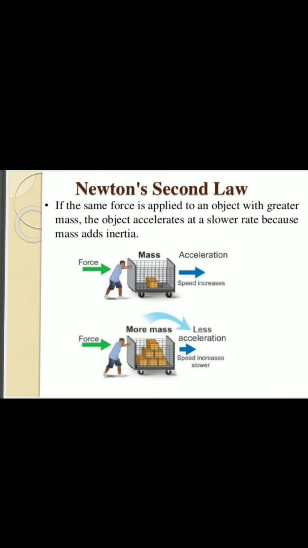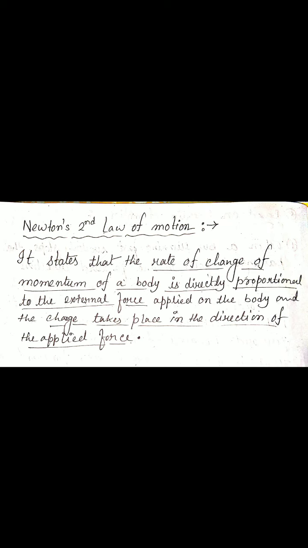Okay, so now let's state Newton's second law of motion. It states that the rate of change of momentum of a body is directly proportional to the external force applied on the body.